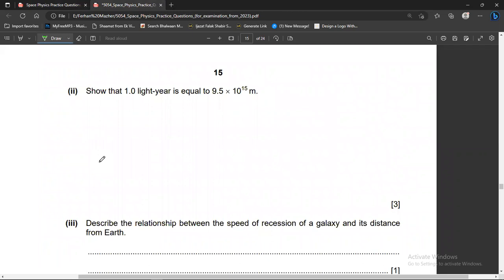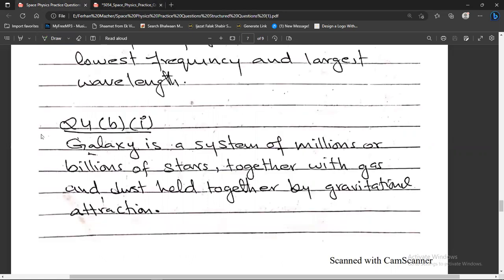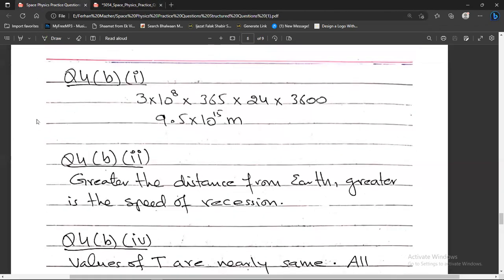Speed is 3 × 10^8 meters per second, and you have to take the time in seconds, so there are 365 days, multiply by 24 because in 1 day there are 24 hours, multiply by 3600 because in each hour there are 3600 seconds. You just do this calculation. So it will be 3 × 10^8 multiplied by 365 multiplied by 24 multiplied by 3600, and you will get 9.5 × 10^15 meters.